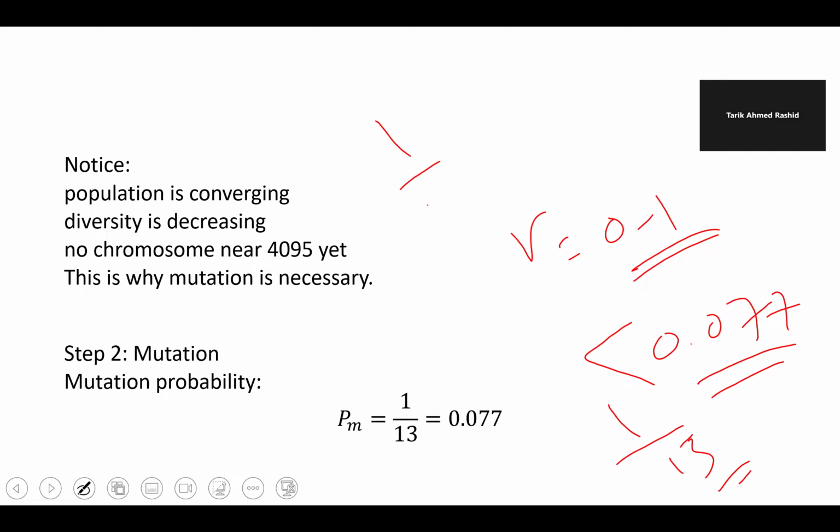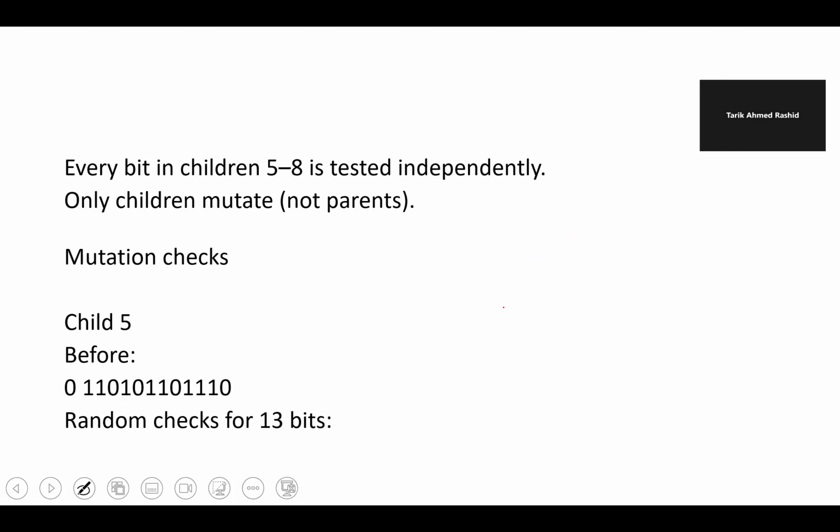So 1 over 13 is 0.077. Now, we need to toss a value between 0 and 1, and we check it against 1 over 13. If it's less than that, then we change 0 to 1. Or else we don't touch it. So that's clear.